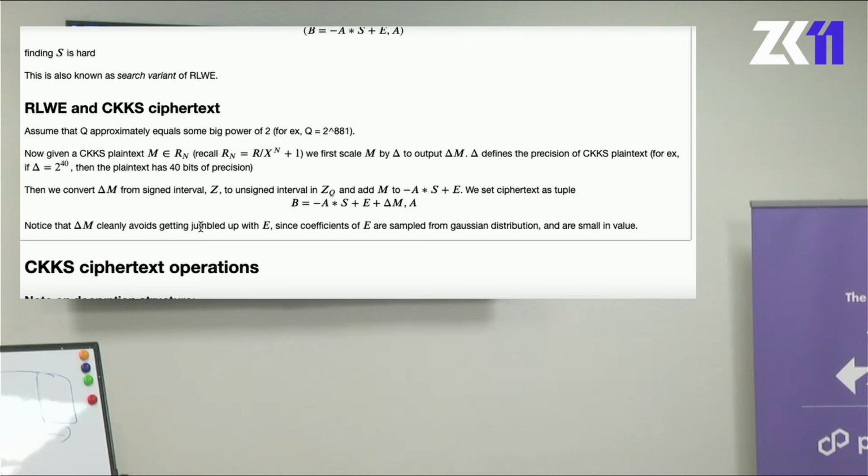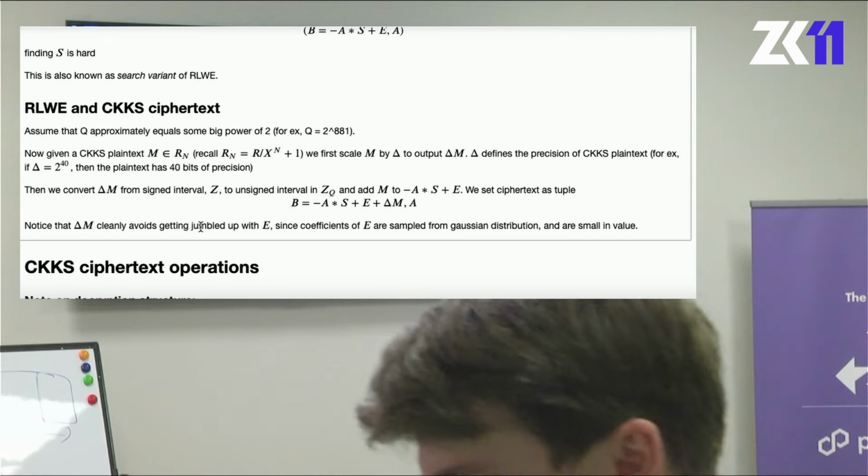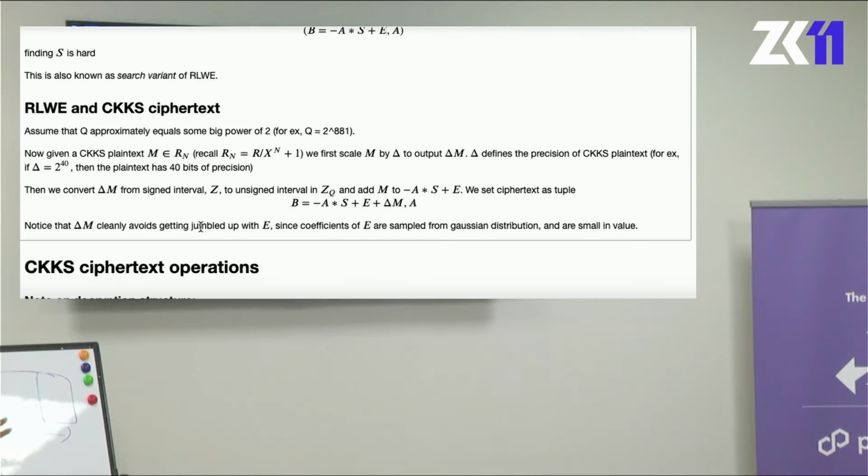The point is that if I simply add the message over here, then my message would get jumbled up with the error, because it is being added, and this error is random. So I want to avoid my message getting added to this error. So I scale it by delta, which is still big, so that my message starts from this point. So now this is my message. Okay? Cool.